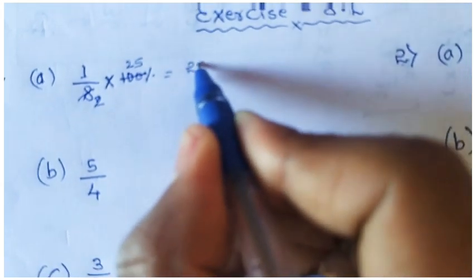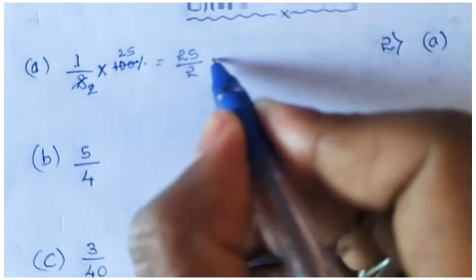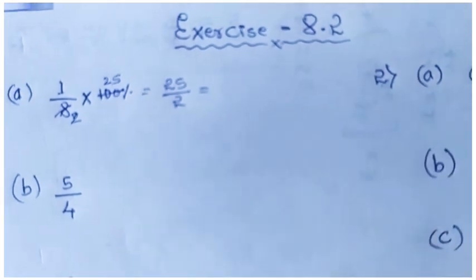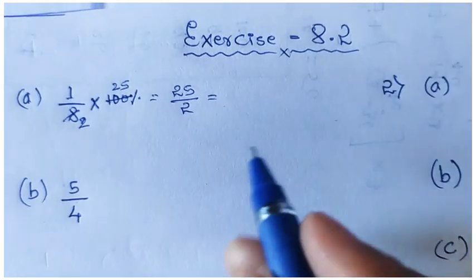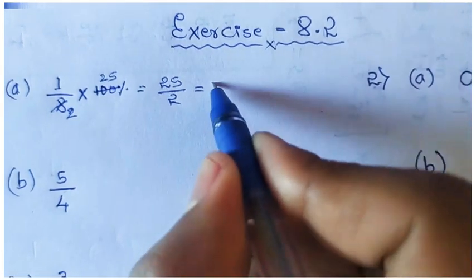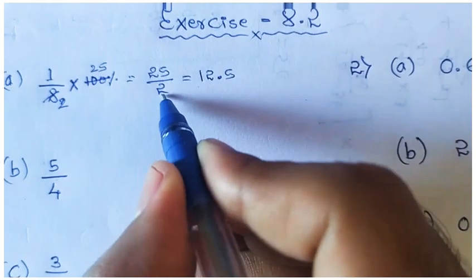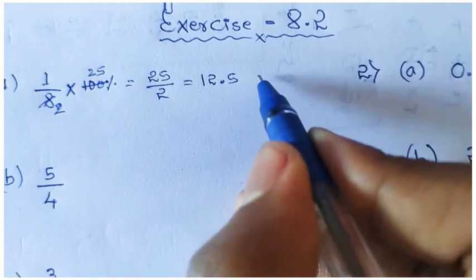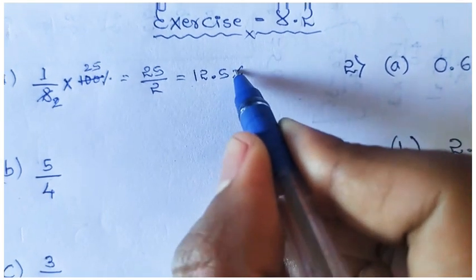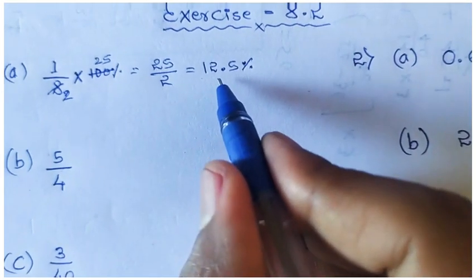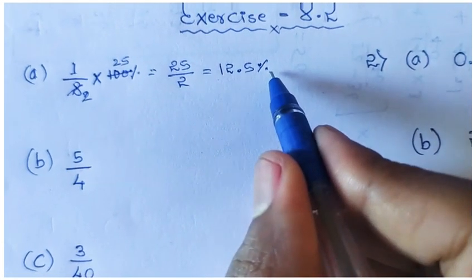So it will be 25 by 2, or else you can write it as a decimal also, that will be 12.5. Okay, if you divide 25 by 2, you will get 12.5%. Okay, so 1 by 8 is 12.5%.